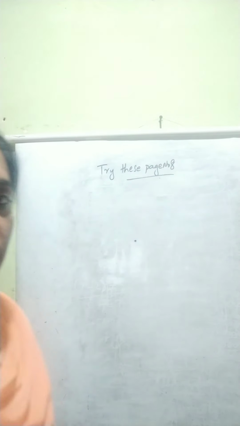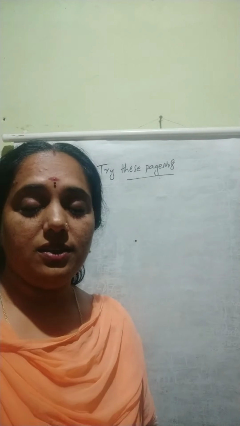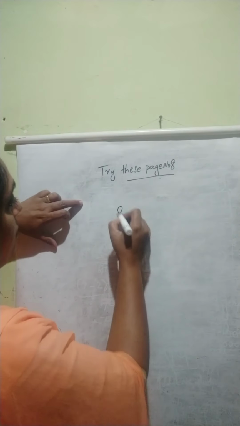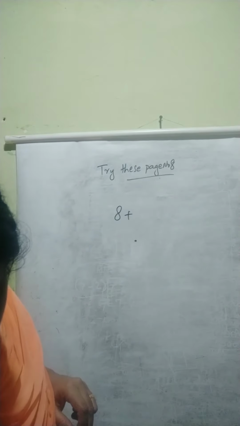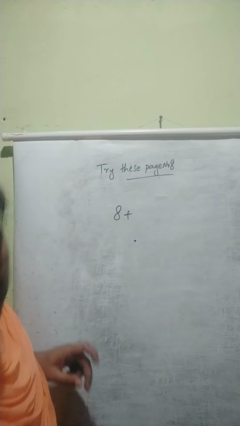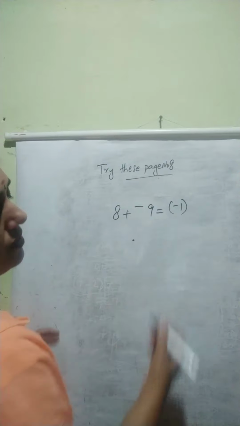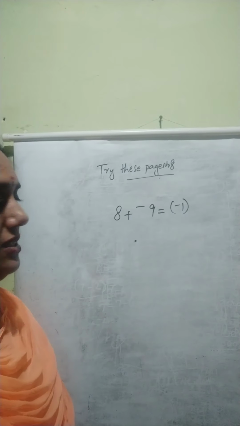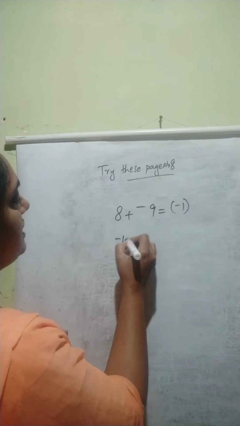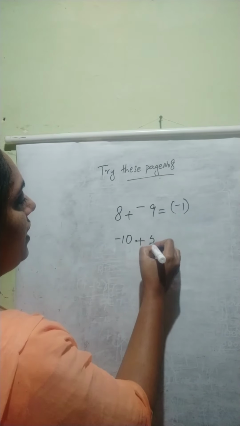That means when we are adding two integers, we have to get a negative integer itself. Many examples are there. That is 8 plus negative 9, negative 1. This is a negative integer. Another one, minus 10 plus 5.